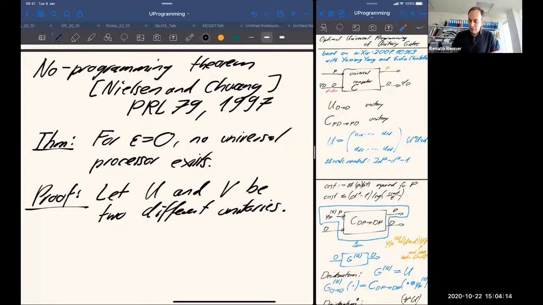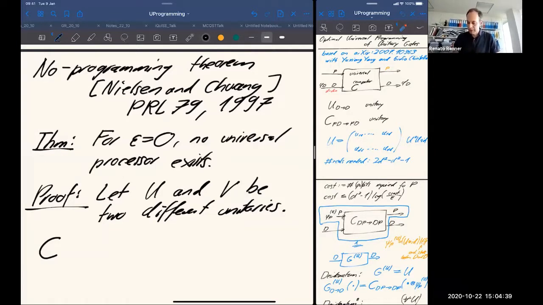Now, as I said before, the whole processor can be treated as a unitary itself. If this universal quantum computer that you see on the right-hand side wouldn't act like a unitary, you could still look at its so-called Stinespring dilation. That's just a technical term to say that if you include everything and don't neglect any degrees of freedom, then it certainly is unitary.